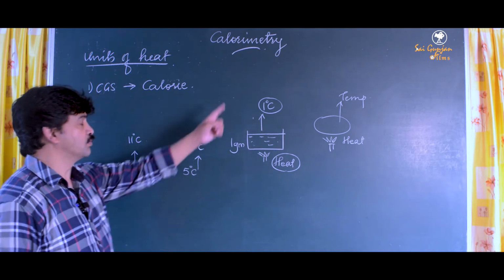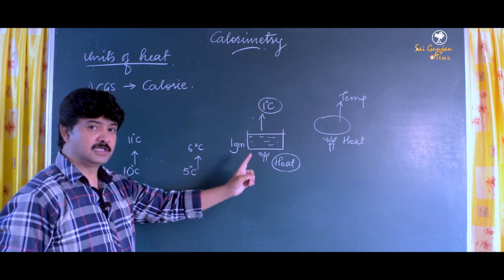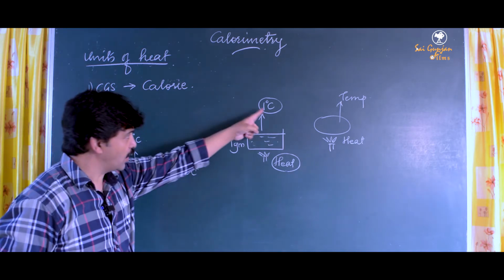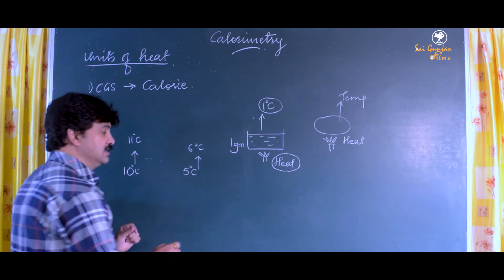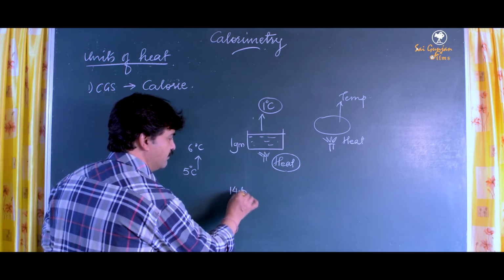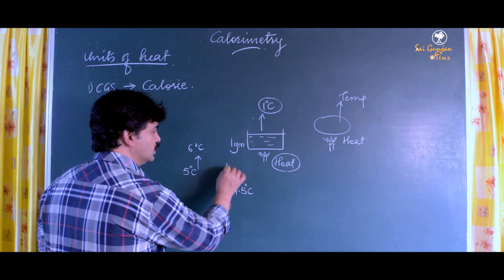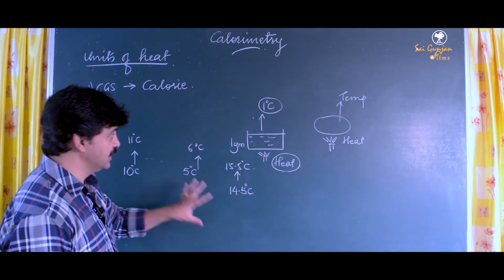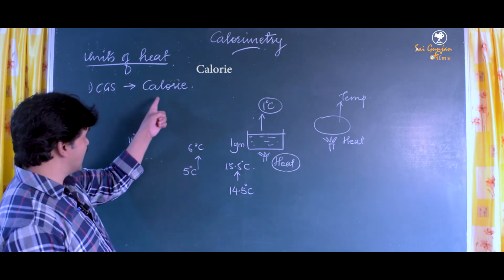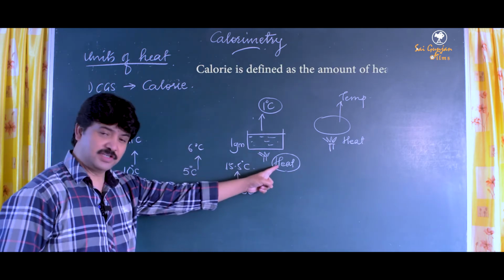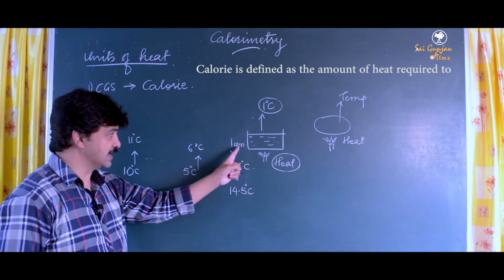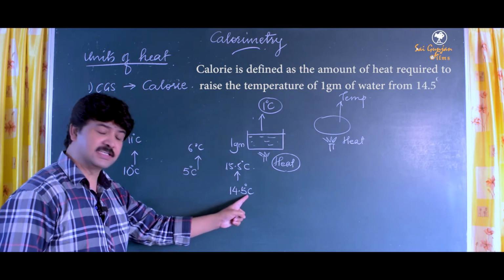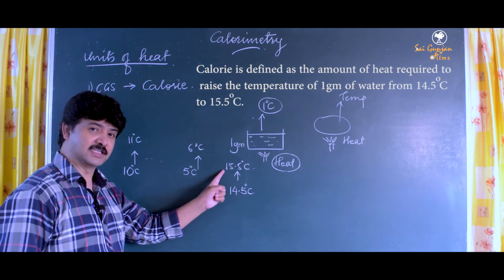So in that case, that 1 degree Celsius is taken from 14.5 degrees Celsius to 15.5 degrees Celsius. That's why we now define calorie as the amount of heat required to raise the temperature of 1 gram of water from 14.5 degrees Celsius to 15.5 degrees Celsius.